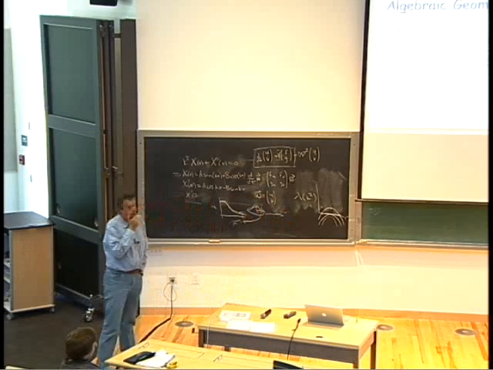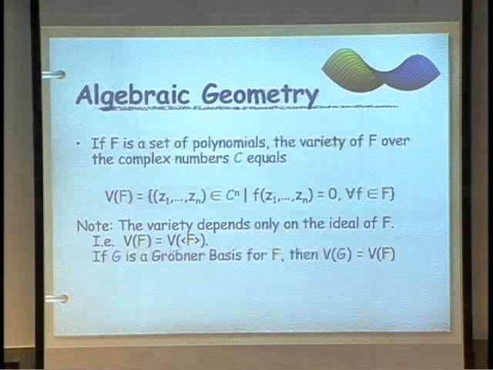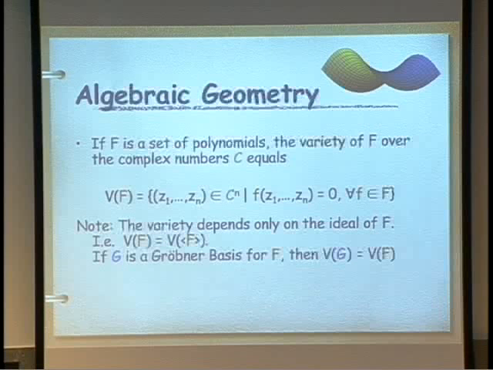So let me talk a little bit about geometry. In algebraic geometry, we study the zero sets of polynomials, and they look like this. These are surfaces, points, curves, things like that specified by polynomials.